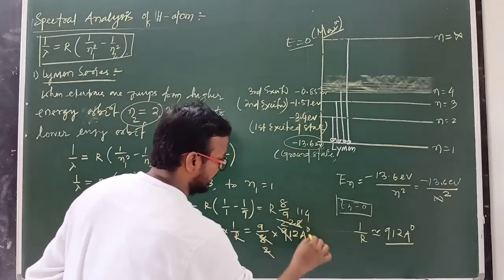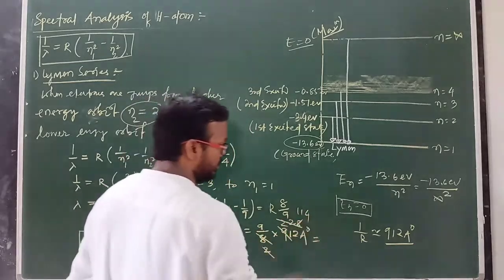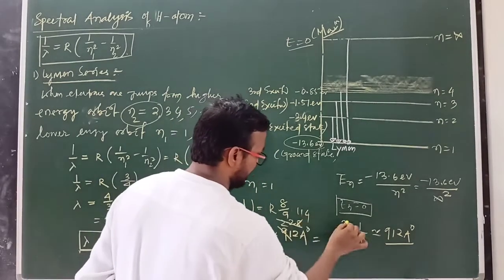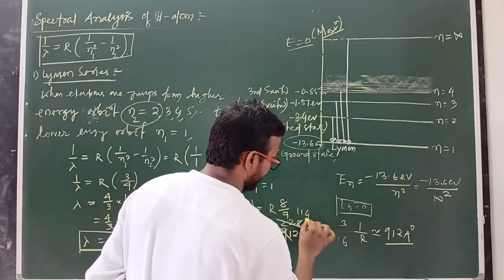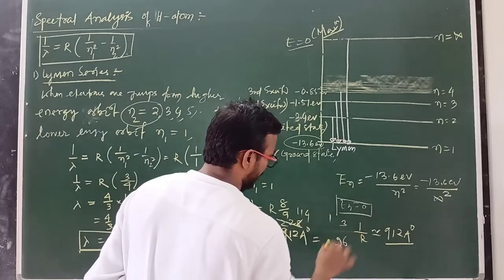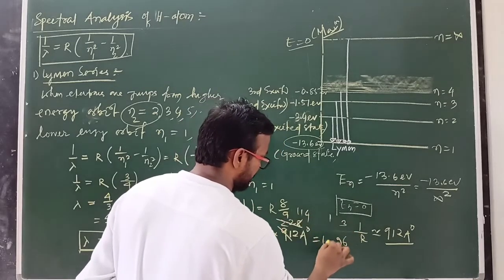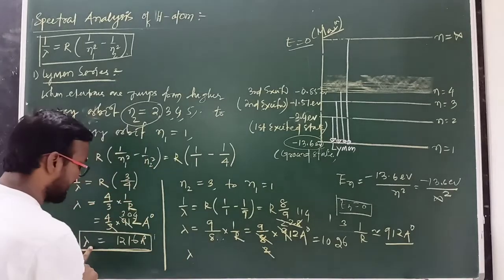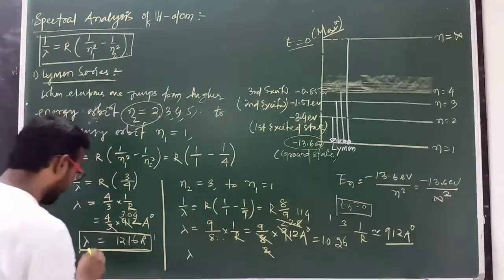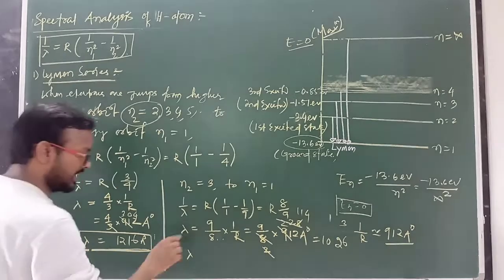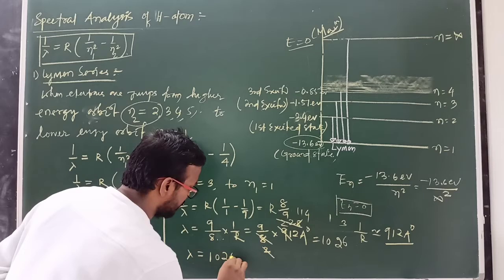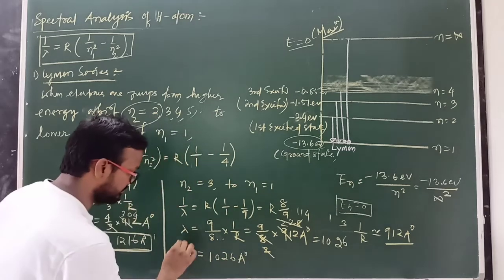Now multiply 9, then we get 9 4 is 36, and so on. Clear? So we get here lambda. This is the first line, this is for the second line. You can write lambda 1, lambda 2, or here lambda equal to 1026 angstrom. Clear?